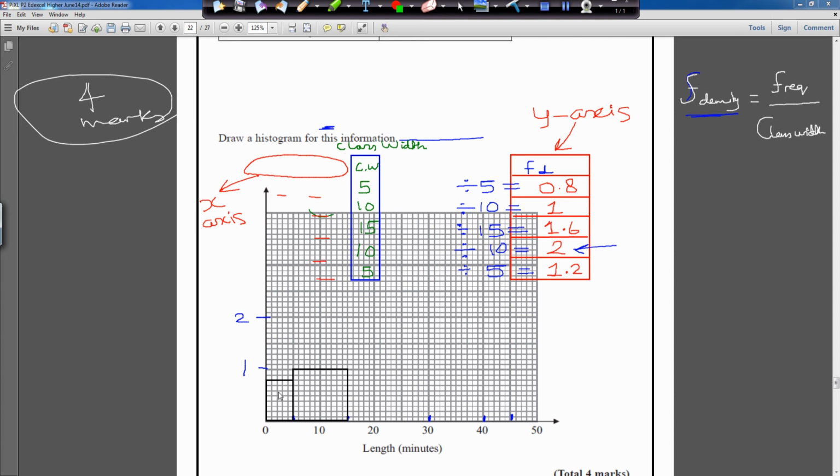The next bar is from 15 to 30, and that one has a frequency density of 1.6. So 1.6 is over here. The next one is from 30 to 40, and that one has a height of 2.